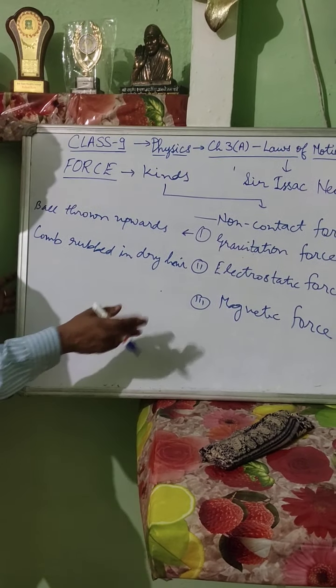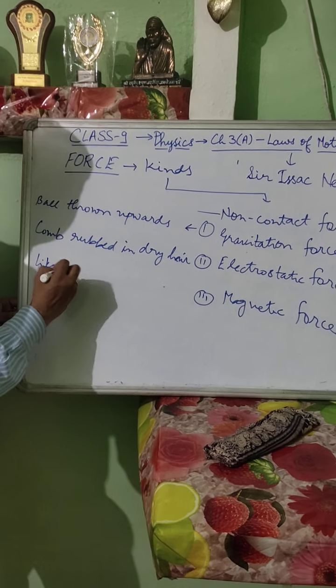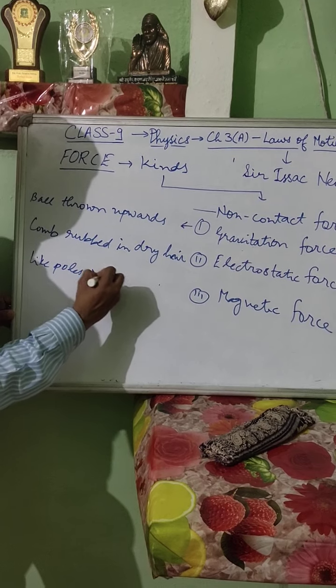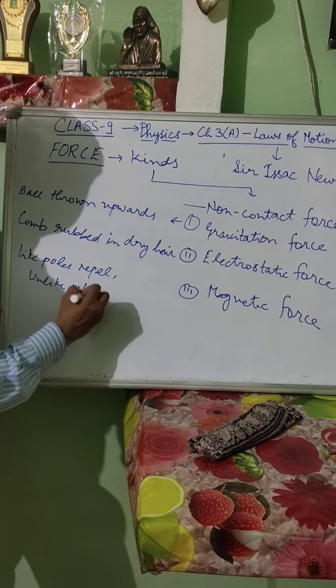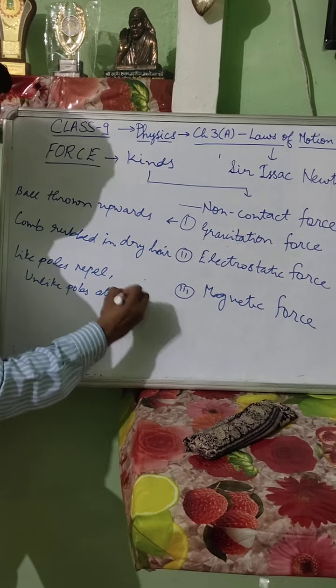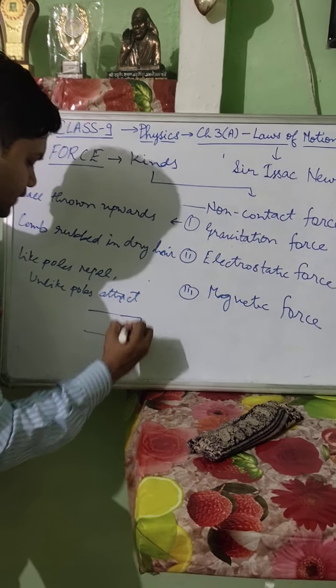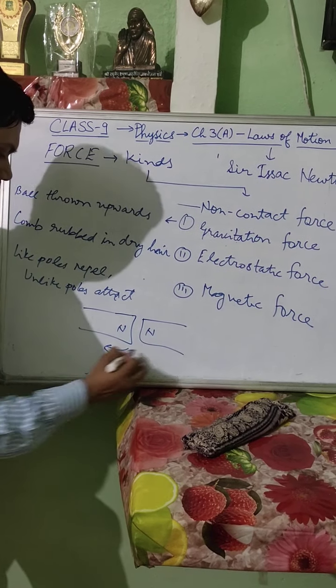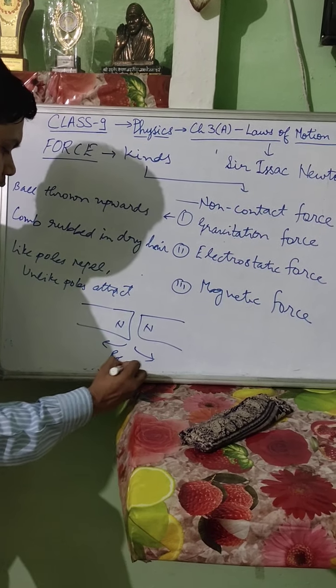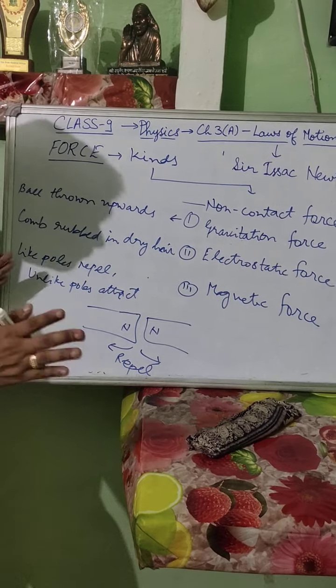Magnetic force, we all know that like poles repel and unlike poles attract. If we bring two magnets with same pole near to each other, then what will happen? They will repel. They will move apart.